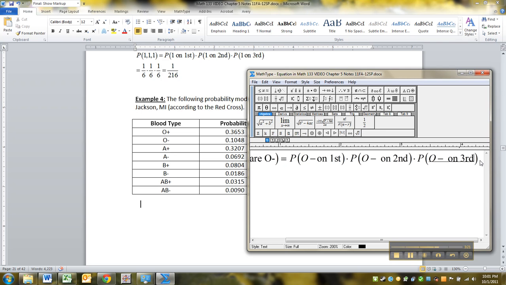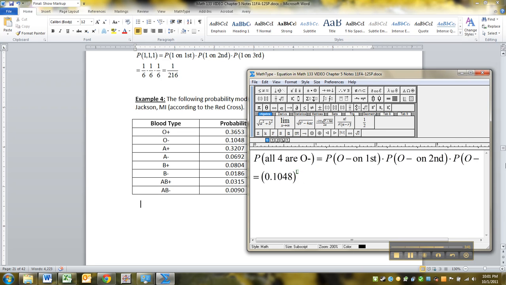It's the probability of O negative on the first times O negative on the second times O negative on the third, which would be equal to 0.1048 times itself 3 times.